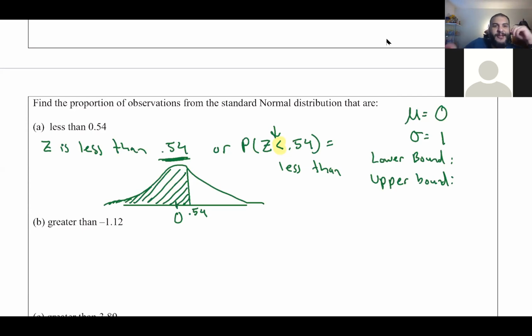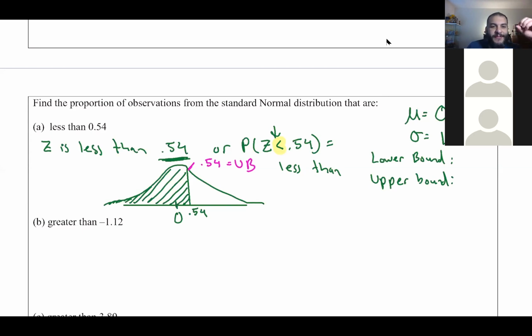What's the highest number that will get shaded before it gets cut off? 0.54. Yeah, perfect. So the highest value is 0.54, so that's going to be my upper bound. Instead of writing upper bound, we'll put UB just to make it a little bit shorter.